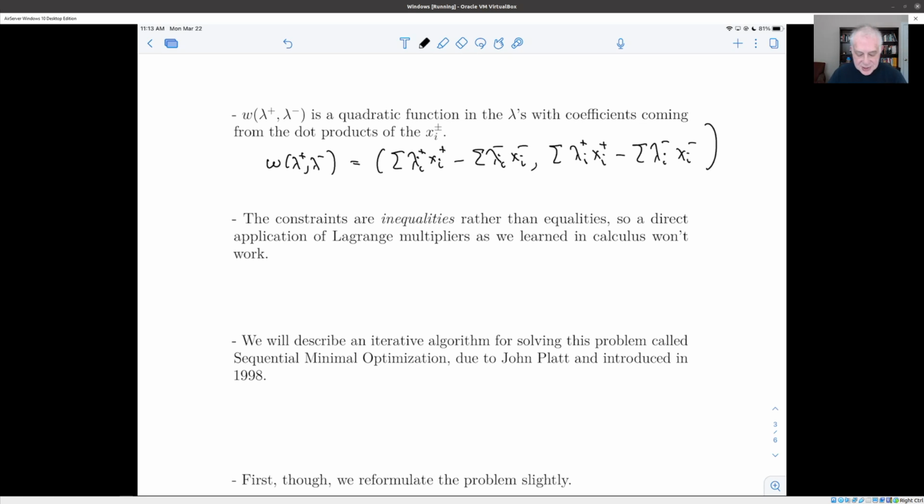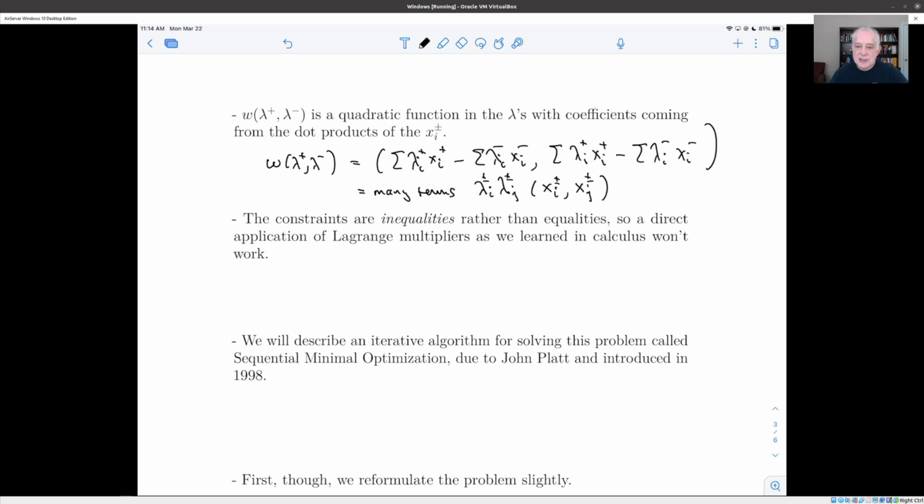And if you work out this dot product, you see that you're going to get many terms which have lambda i, lambda j, maybe plus or minus, but only quadratic, together with dot products xi plus or minus, xj plus or minus. So the result of this dot product is just a quadratic function in the lambdas.